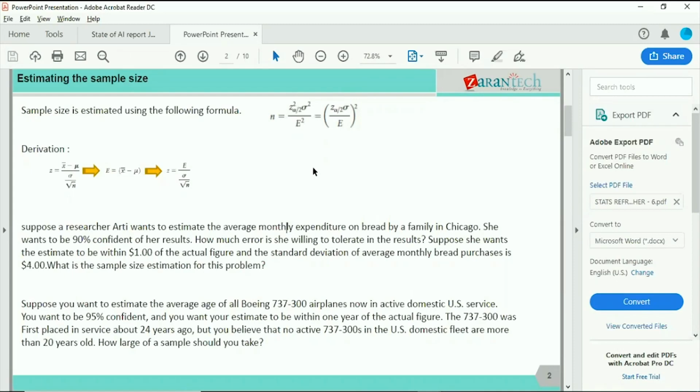We say 1 standard deviation, 2 standard deviation, or 3 standard deviation. What does standard deviation mean? It means how far it is from the mean, right? So I want a particular range within which my estimate should lie. That is why I came up with the concept of standard deviation or sigma.